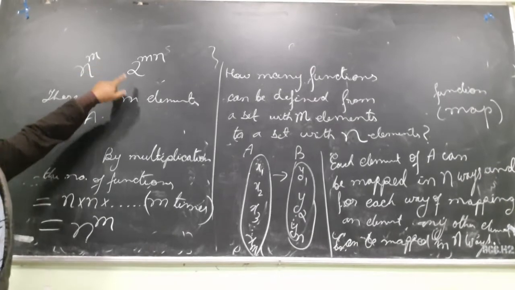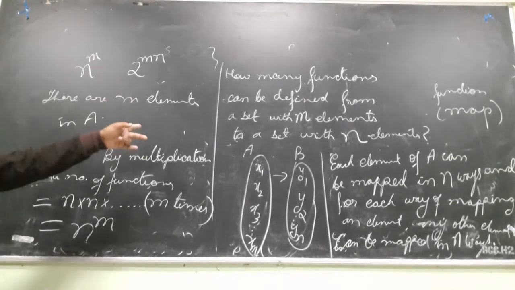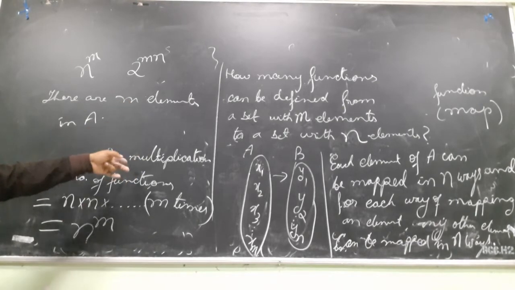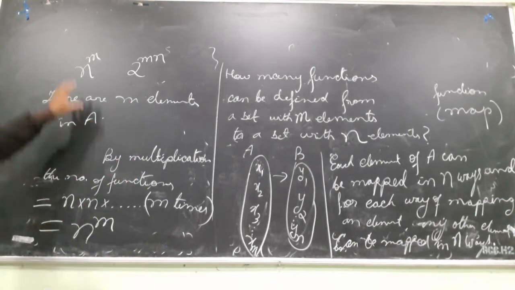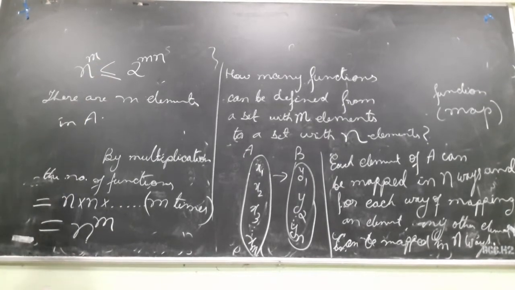And n to the power m gives you the number of some subsets of A cross B. Each function is also a relation, each function is also a subset of A cross B. So n to the power m is always less than or equal to 2 to the power mn.